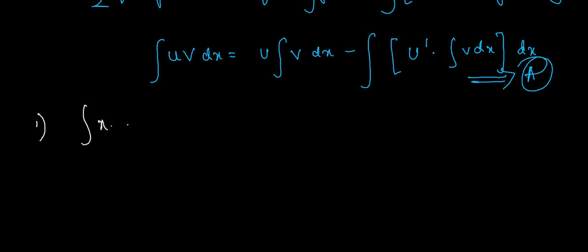x into e power x into dx. Now the question arises: which function do we take as f of x and which function do we take as g of x? For that purpose, we have something called the ILATE rule, which makes it very easy to decide which is f of x and which is g of x.